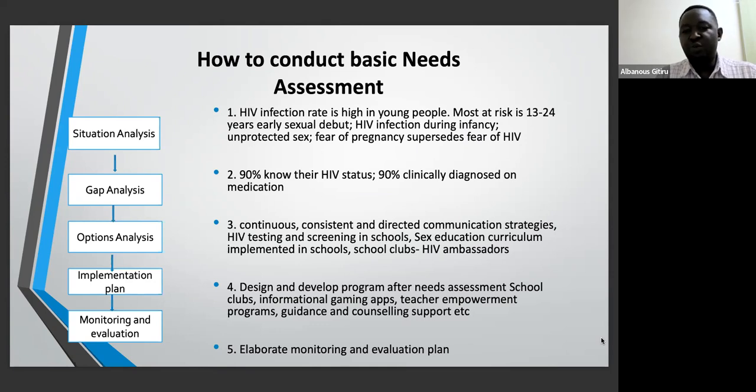Now, where do we want to get to? For this mock project that we are putting together, we would want 90% of the population that we are serving to know their HIV status. We would want 90% of those that have been clinically diagnosed to be put on medication.